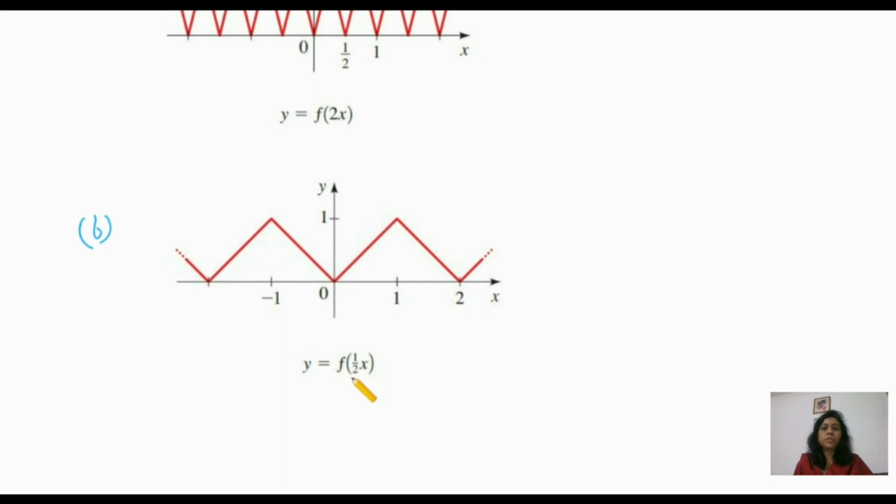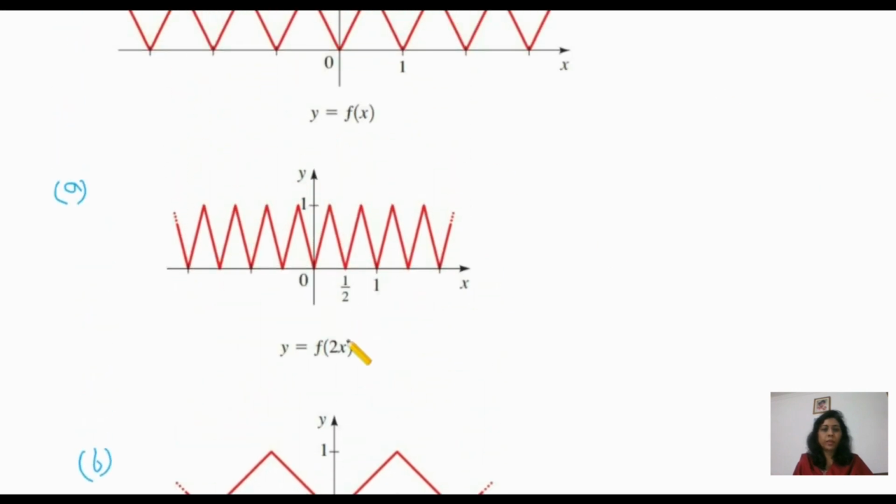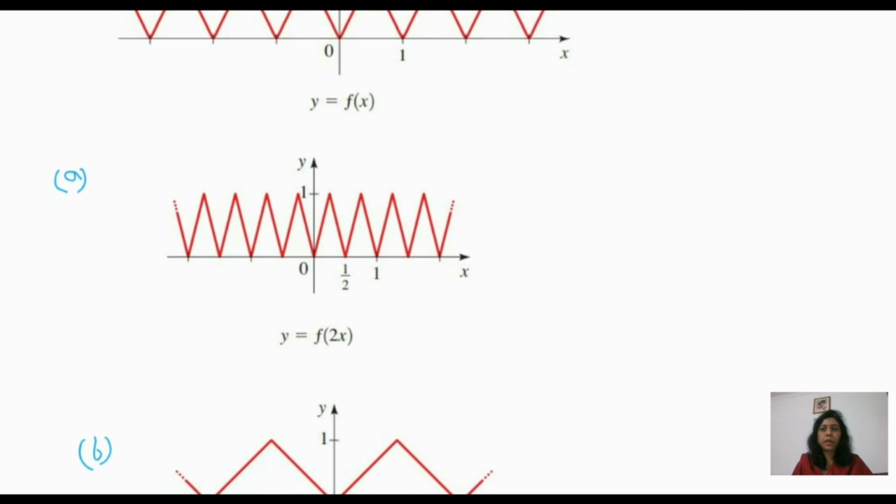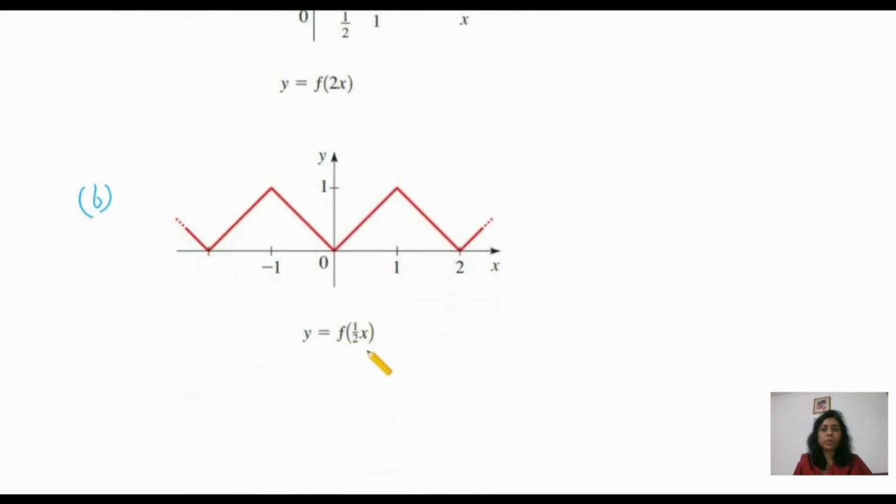Okay, so if c is between 0 and 1, it means the graph stretches, and if the c value is more than 1, it means the graph shrinks. By a factor of 1 upon c, it means by 1 upon 2 here, and here by 1 upon 1 upon 2, it means by 2 actually.